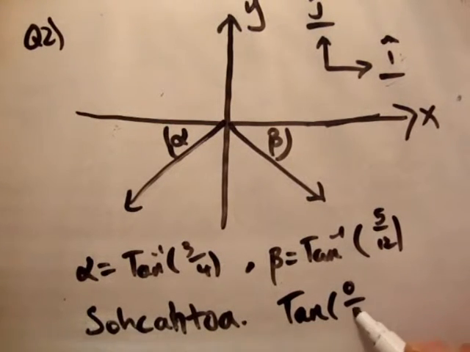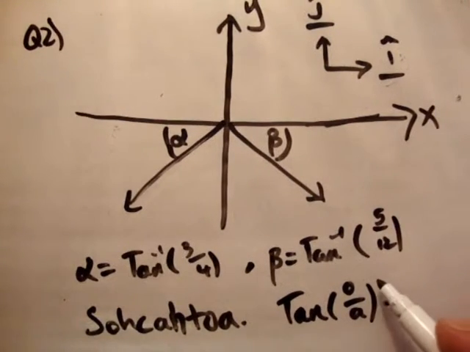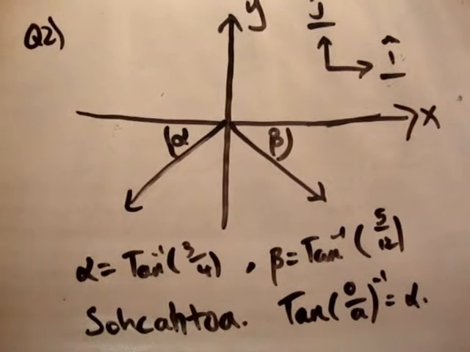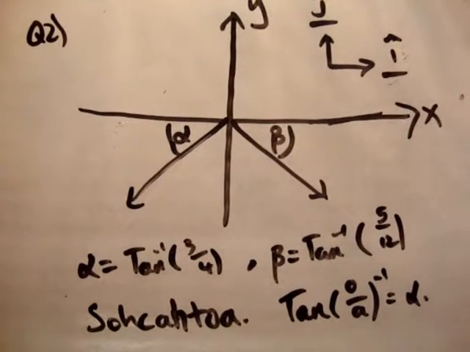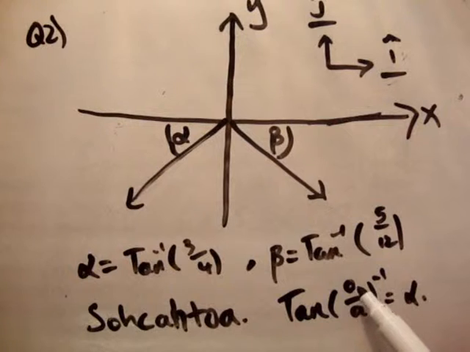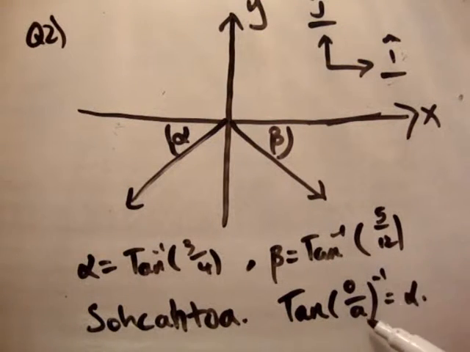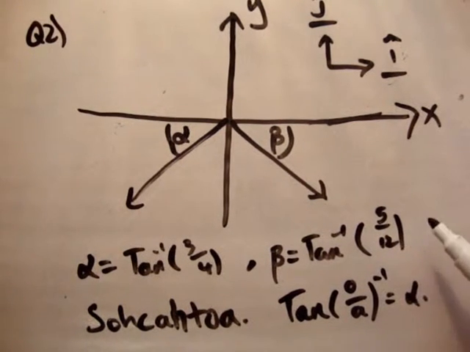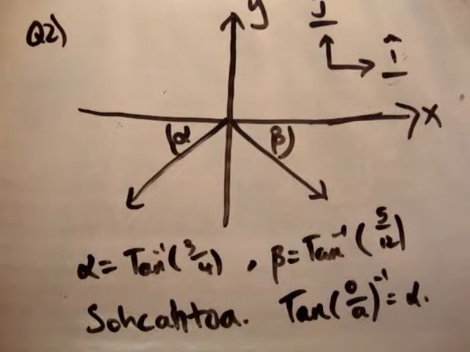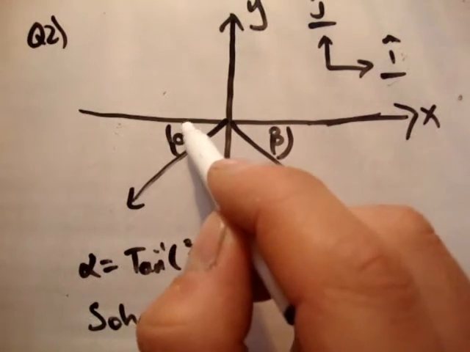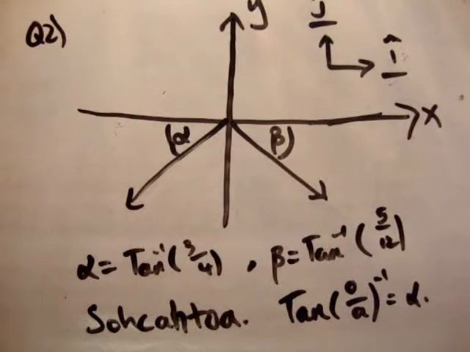That means that 3 is equal to the opposite of the angle alpha, 4 is equal to the adjacent, and for beta the opposite is equal to 5 and the adjacent is equal to 12. So that's the sides opposite and adjacent the angles. So look, here is alpha, here is beta.